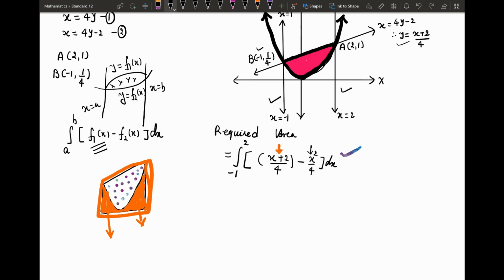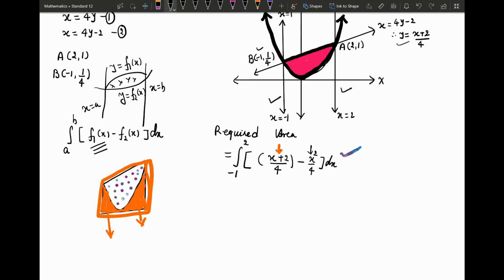First curve f1(x), we have taken y from the equation of the straight line, which is (x plus 2) by 4, minus f2(x). Second lower curve, it is y from the equation of the parabola, which is x square by 4.